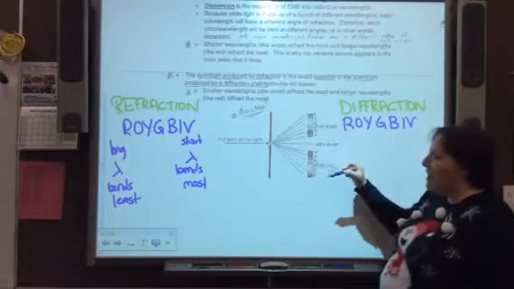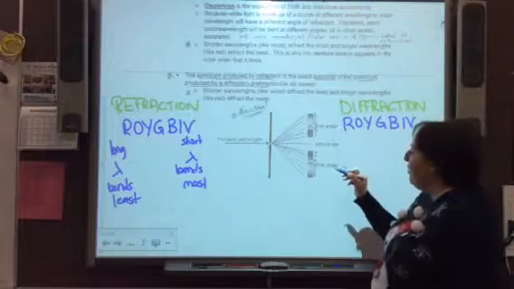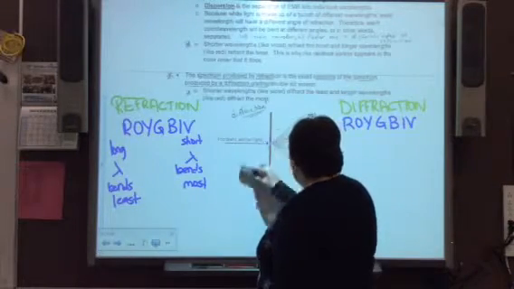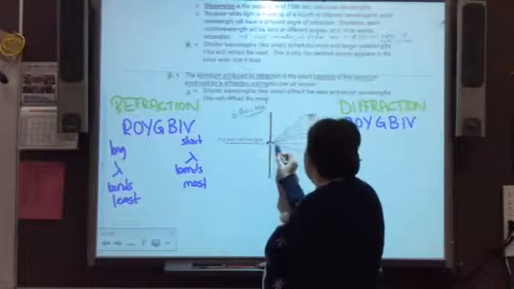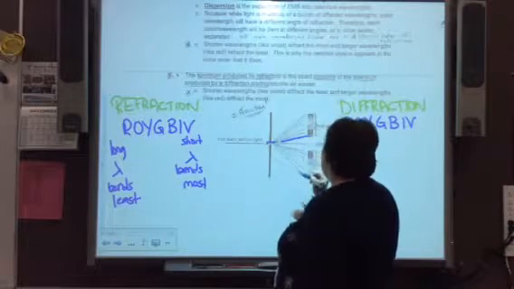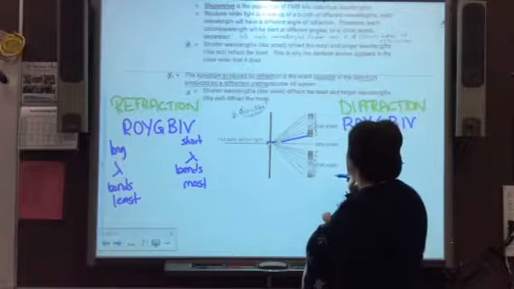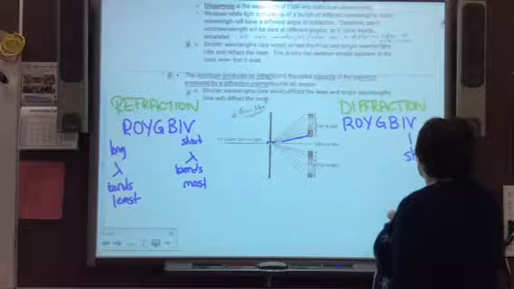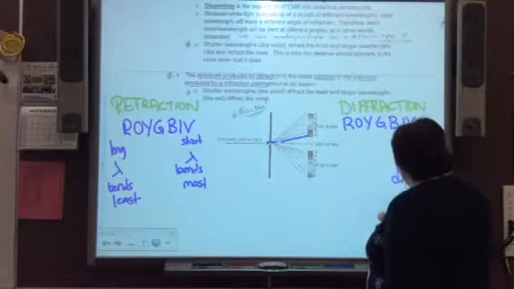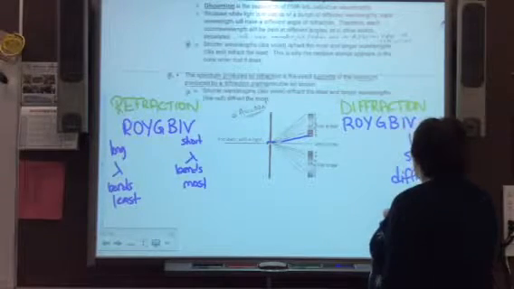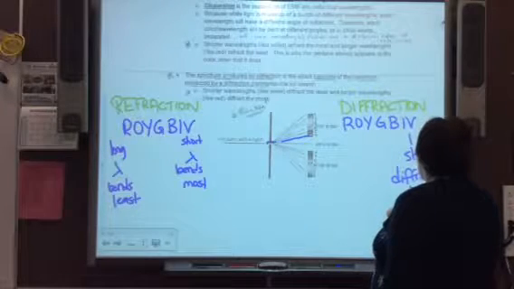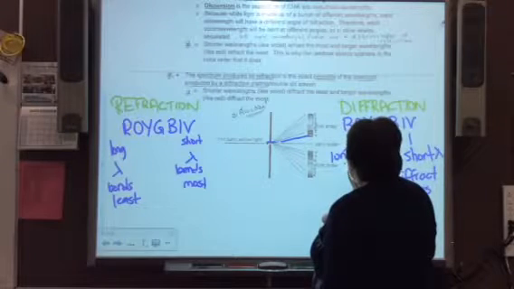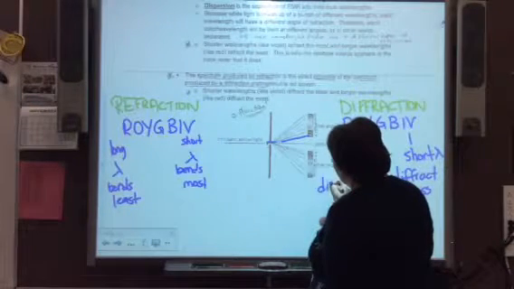We still see the colors in that same pattern, but what we're seeing here is that the least amount of bend here is violet. So here, the short wavelengths diffract less, and the longer wavelengths diffract greatest.